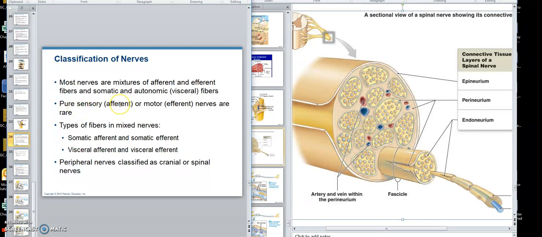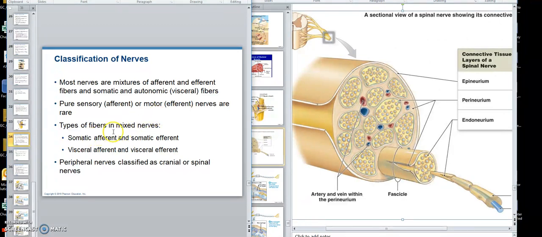In a moment we're going to talk about the cranial nerves. A pure sensory nerve would be like your olfactory nerve, where you smell from, or your optic nerve. Pure motor nerves are rare, like the oculomotor, which we'll talk about.